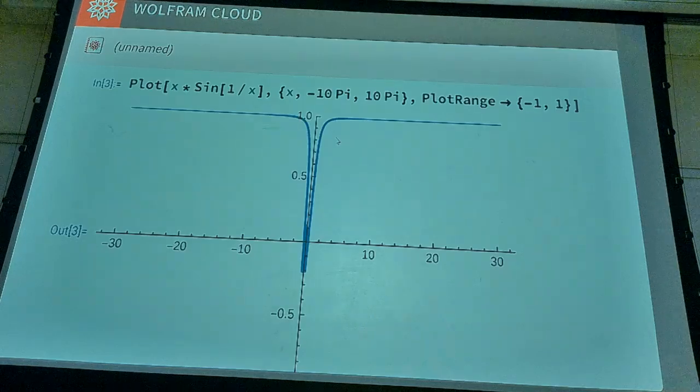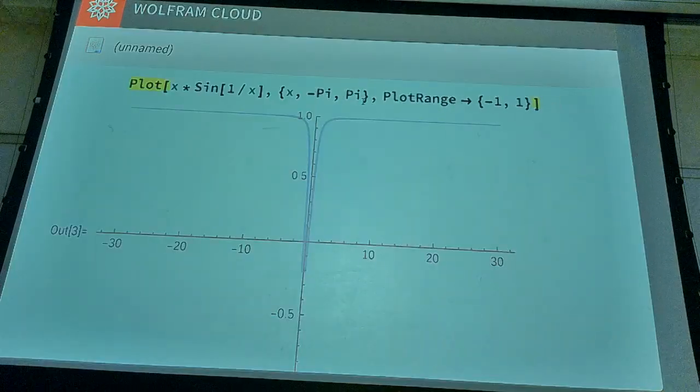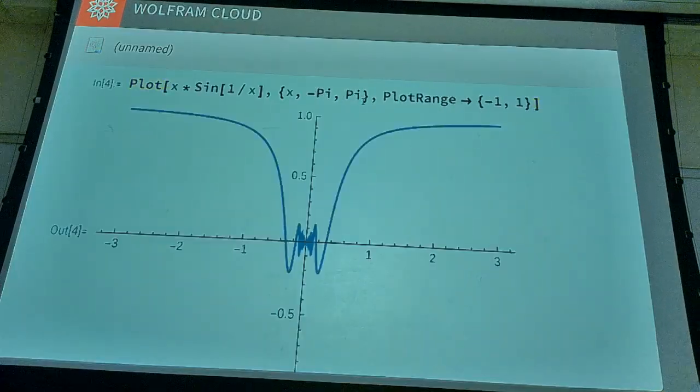Okay, so that's pretty clear. Let me shrink it. What you notice is, yes, it does oscillate, but all the oscillations occur in the center. It begins to stabilize. In fact, the oscillations stop even before x hits 1.